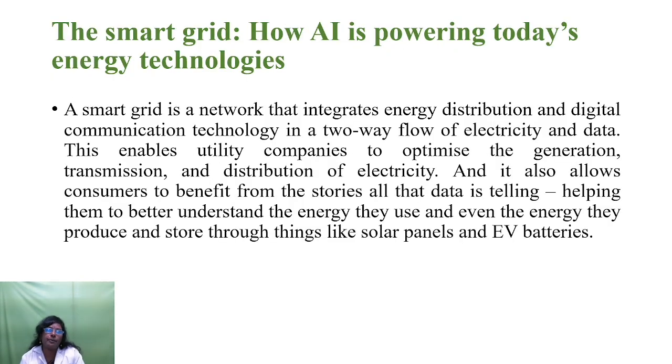So next we see about the smart grid, how artificial intelligence is powering today's energy technologies. A smart grid is a network that integrates energy distribution and digital communication technology in a two-way flow of electricity and data. This enables the utility companies to optimize the generation, transmission and distribution of electrical power.